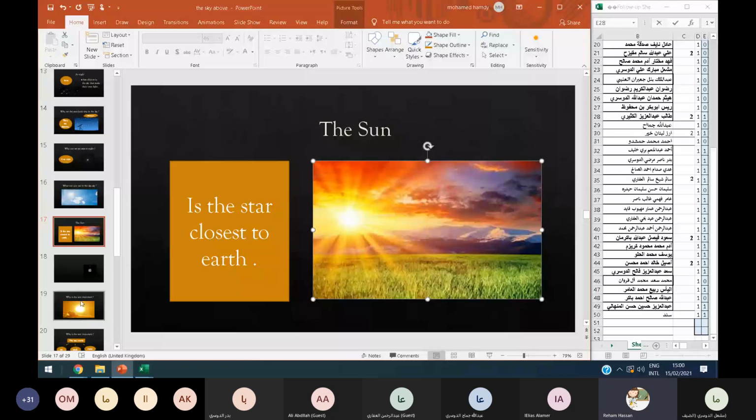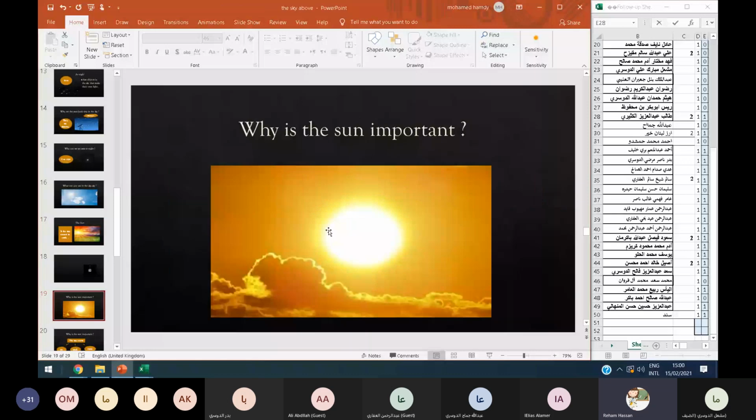the sunlight is so bright that you cannot see other stars, but they are still there. So, honey, in the sky, where are the other stars? Where are the other stars in the day? Behind it.